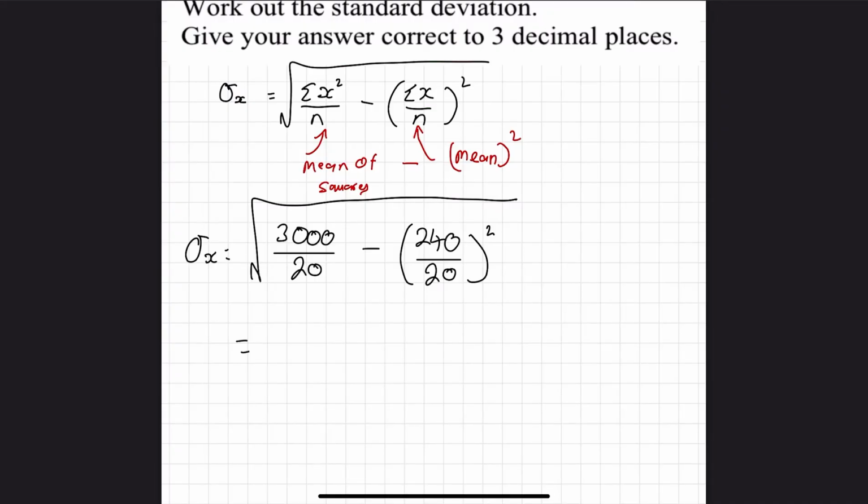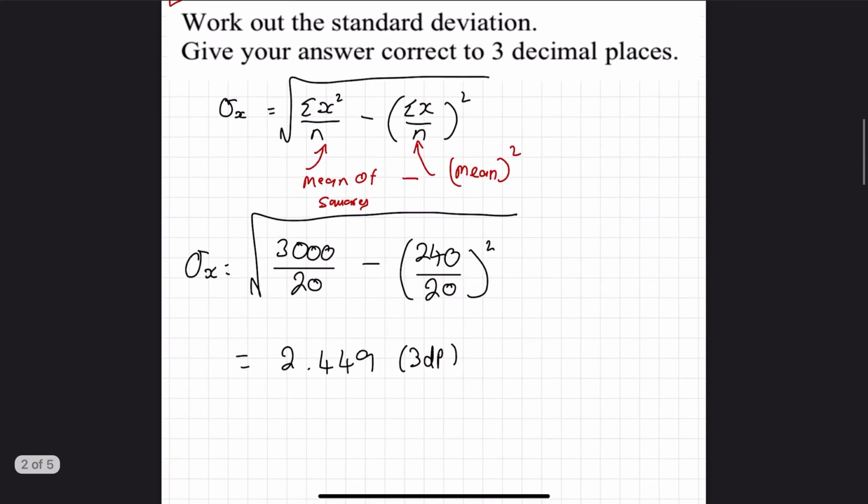So now you just go to your calculator and you write this: 3000 over 20 minus 240 over 20 squared. And you get a standard deviation of 2.449 to 3 decimal places. That's pretty much it. Bit of substitution.